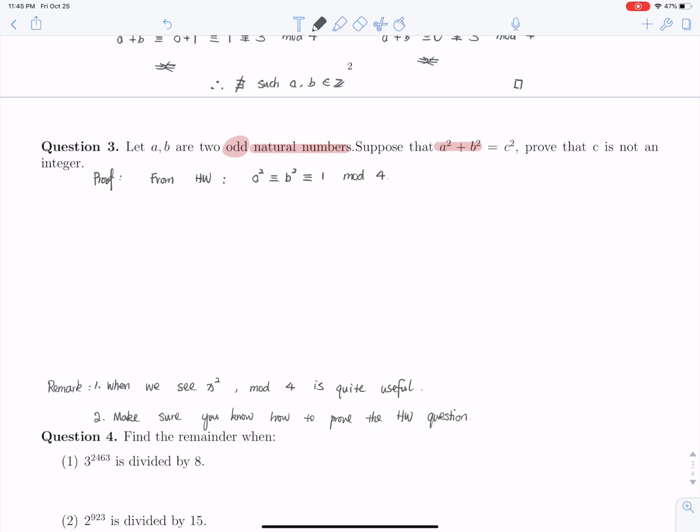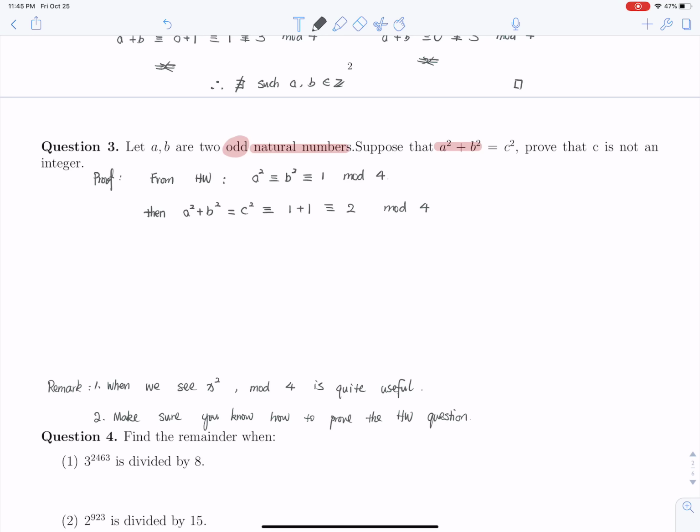This is for your homework. Make sure you know how to prove this. Then we have a squared plus b squared, which equals c squared, which is congruent to 1 plus 1, which is 2 in mod 4.